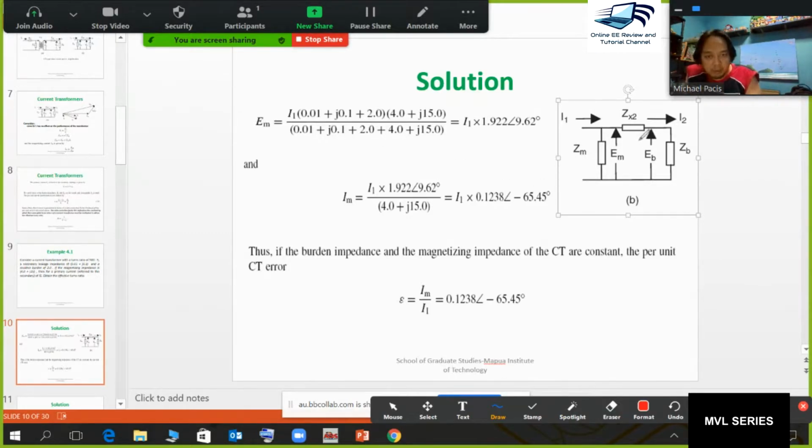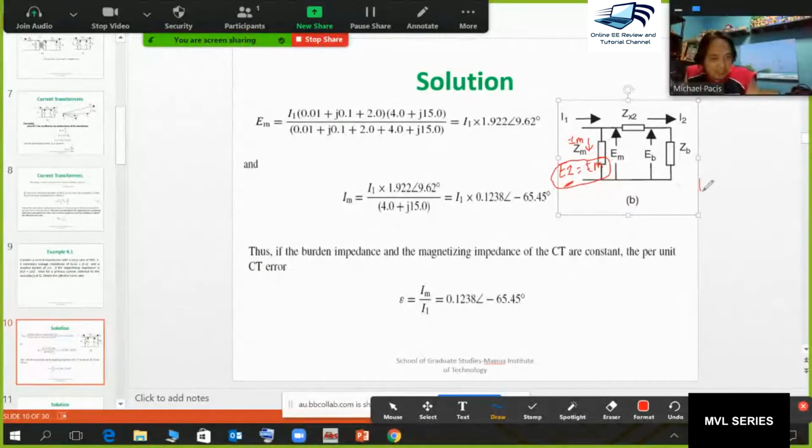You can see here, how can we solve EM? We can solve EM by having the current flowing here, which is IM, multiplied by ZM. However, as I have mentioned as well, if you already got E2, the total voltage at the secondary side, this is also equal to EM.